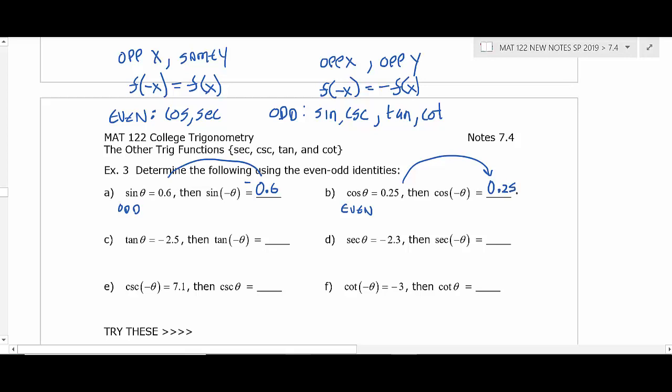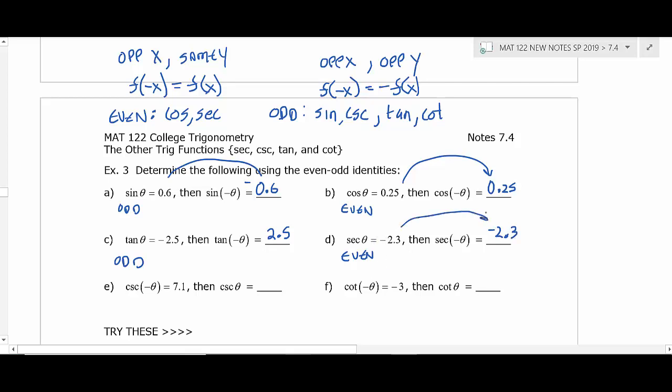Same thing here. Tangent is an odd function. So opposite angle, opposite y. So that changes to 2.5. Secant is an even function. The way an even function works is opposite angle, same y. So that stays the same.